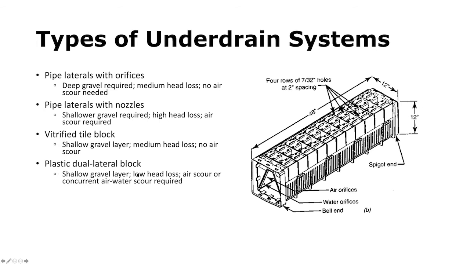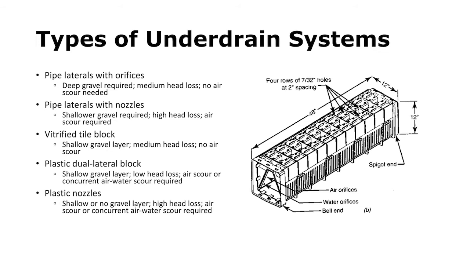And a plastic dual lateral block system where we can use shallow gravel layers. We can get a low head loss value through the underdrain, however, air scouring and maybe even air water scouring would be required for this type of underdrain. Plastic nozzles can be used without a gravel layer. They have, however, high head loss, and air scour or concurrent air water scour is required.